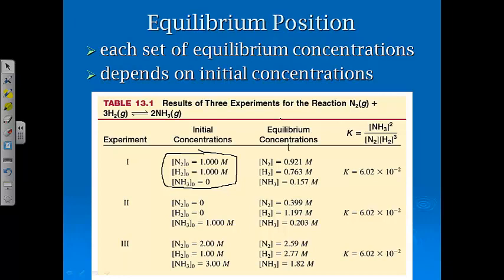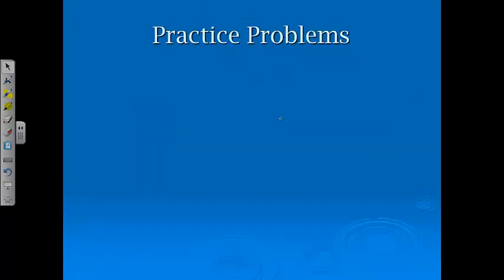So my K will stay exactly the same, but my equilibrium conditions will be different depending on the concentration. That's all I expect you to get out of it for right now. In the next video, I'm going to show you how we figure out equilibrium when we're given initial concentrations, how we solve for K, etc.